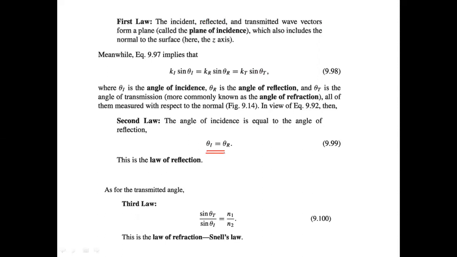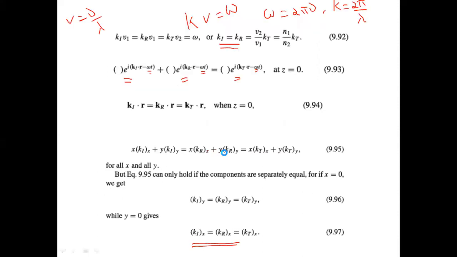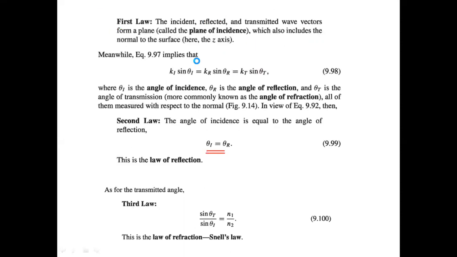And how the angle of incidence is related to the angle of transmittance or refraction, we can see from this equation. So ki is related to kt in this way. Now we just make that substitution here, ki and kt, and you will get Snell's law.